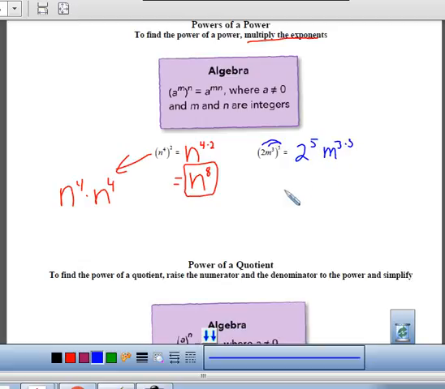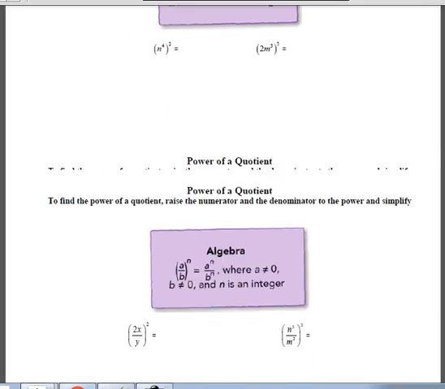Now, 2 to the 5th, you can figure that out. We've already done it in math. It's 2 times 2, which is 4, times 2, which is 8, times 2 again, which is 16, times 2, and that's 32. M to the 3 times 5 is m to the 15th power, and this one is done. Alright? Okay, one more quick example to look at.